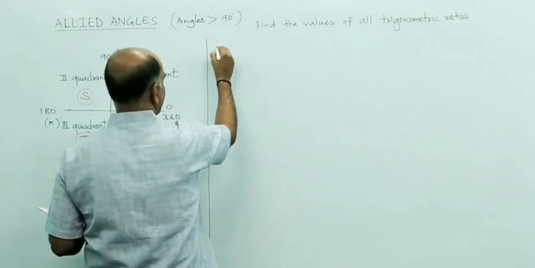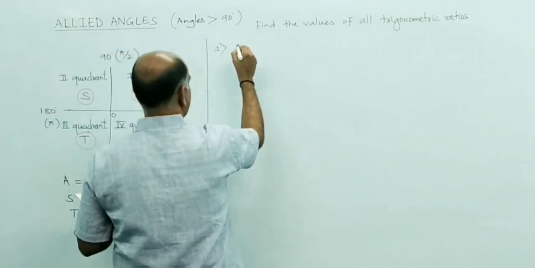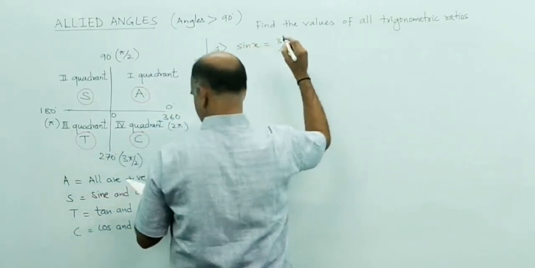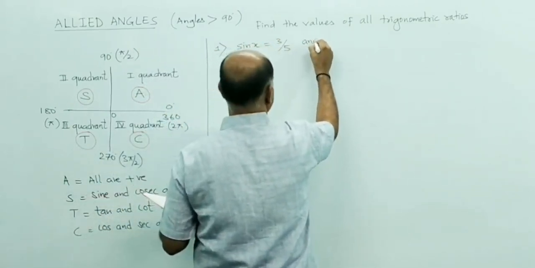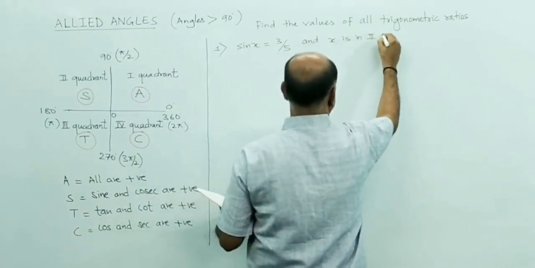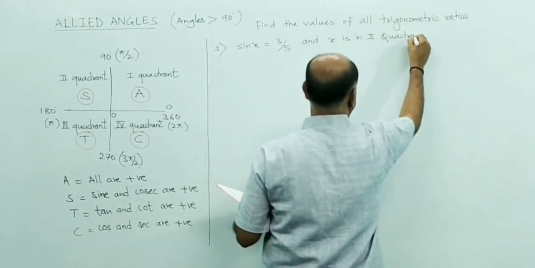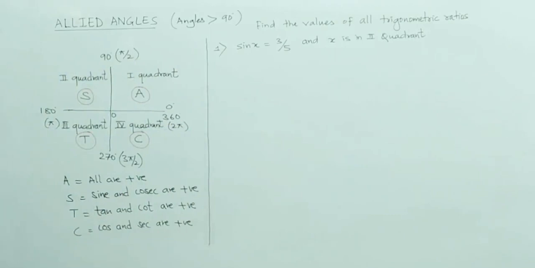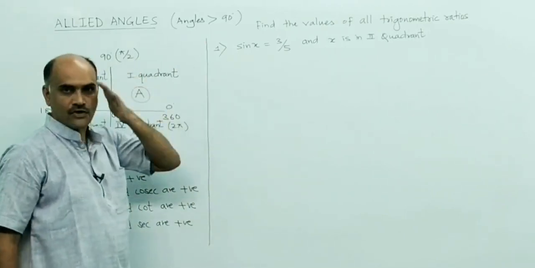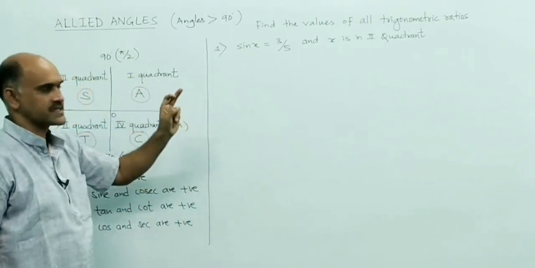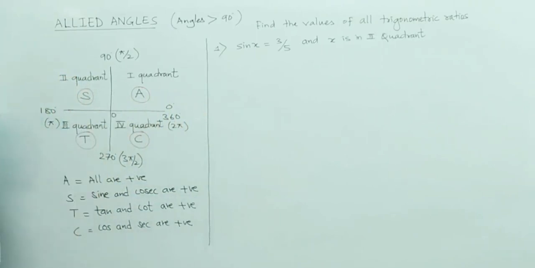So in this first one I will take sin x is equal to 3 by 5 and x is in second quadrant. You are required to find values of all functions, cos x, tan x, secant x, etc.